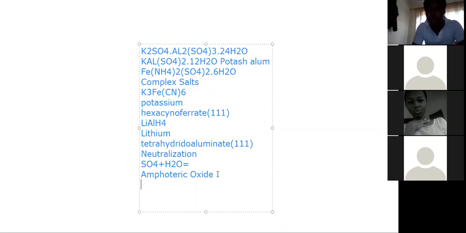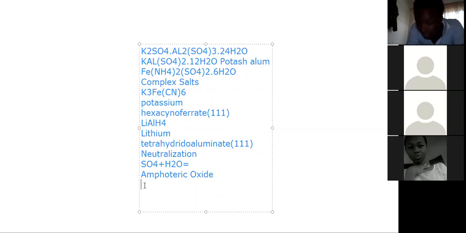And BeO. Who can name BeO? Beryllium oxide.